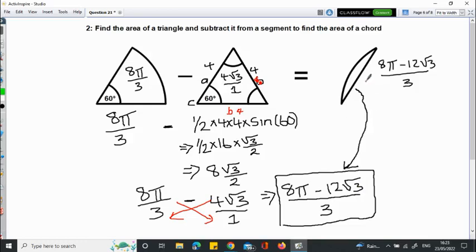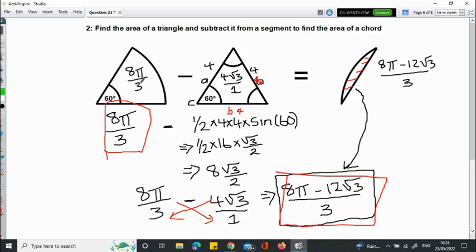So the area of this chord, this segment here, is 8 pi minus 12 times root 3 over 3. So we've got this, and we've now got this. What are we going to do now?